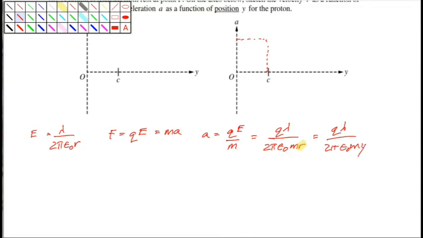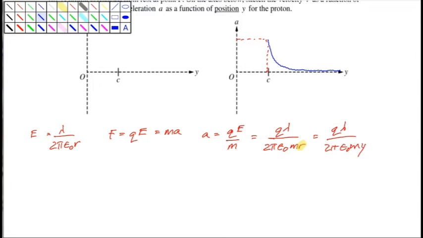As y increases, the acceleration decreases, and this is going to look something like this. The acceleration starts at an initial max value and decreases. It never actually reaches zero. It moves asymptotically towards the zero axis as y gets larger and larger.